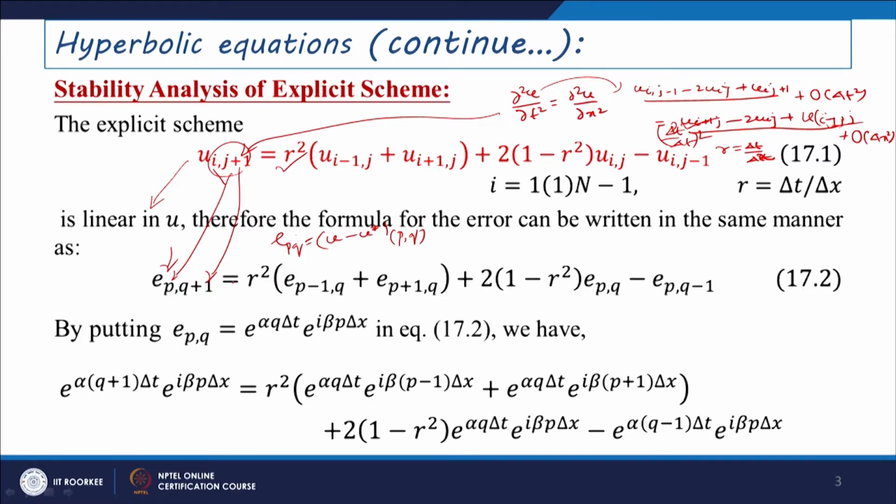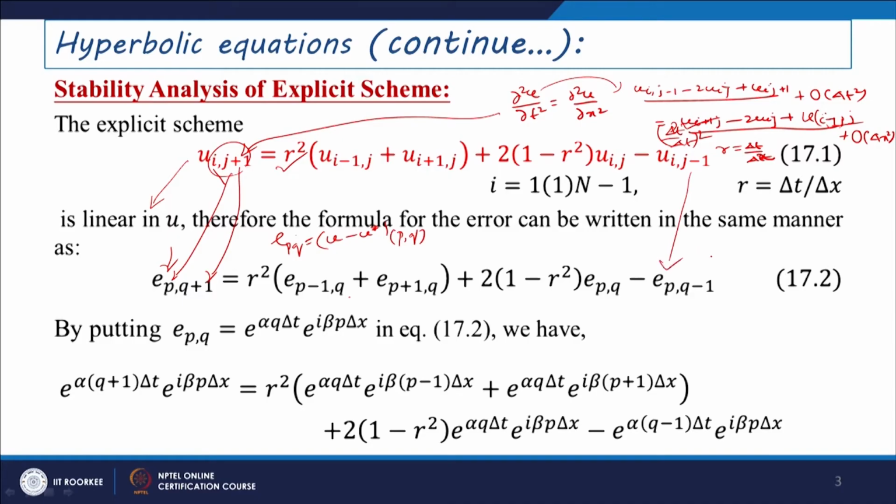So, e of p, q plus 1 can be written as r square times u minus u star at the i minus 1, j point, which is e of p minus 1, q, plus u minus u star at the i plus 1, j point, which is e of p plus 1, q, plus 2 into 1 minus r square, and u minus u star at the i j coordinate, which is e of p q, minus u minus u star at the i, j minus 1 point, which is e of p, q minus 1.